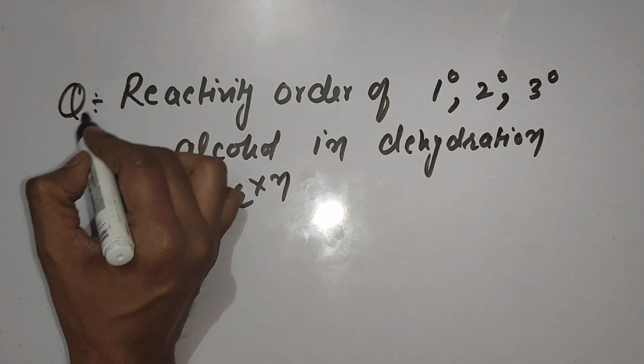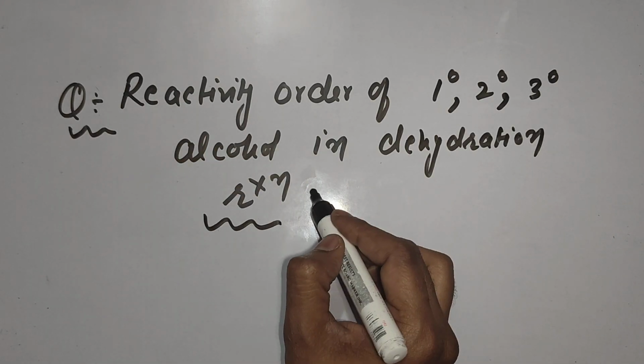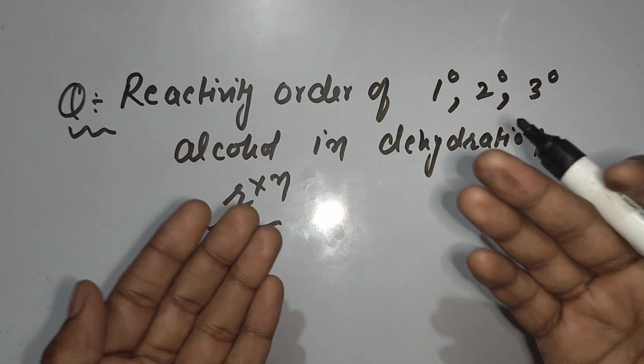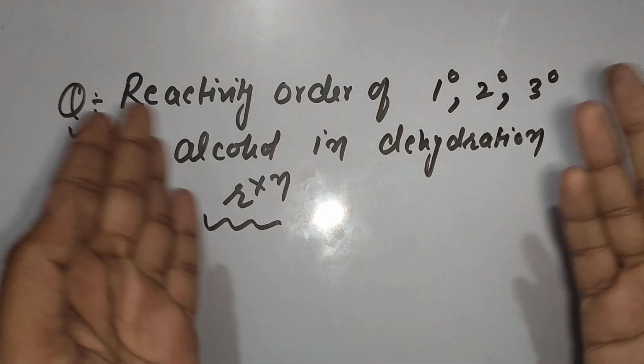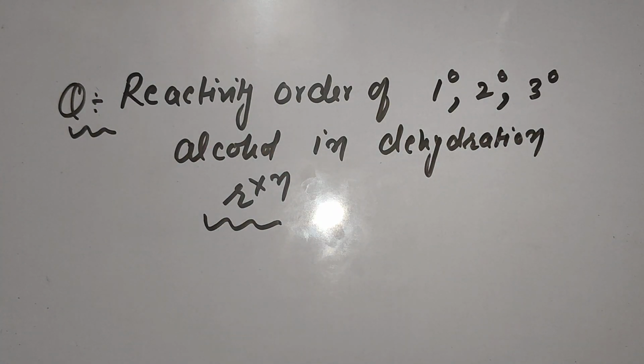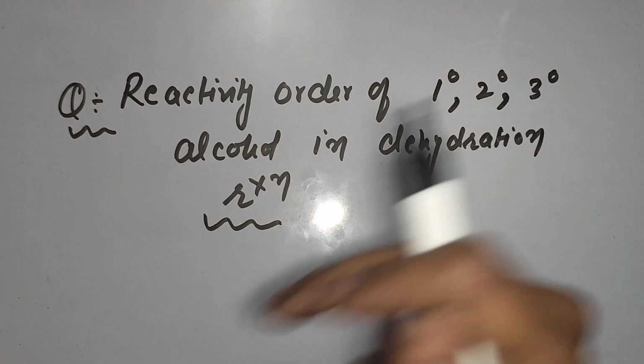Try it by yourself. If you can solve it, very good. Otherwise, we are going to solve it in the next video. Reactivity order of 1 degree, 2 degree, 3 degree alcohol in dehydration reactions.